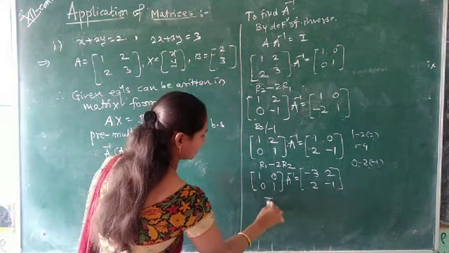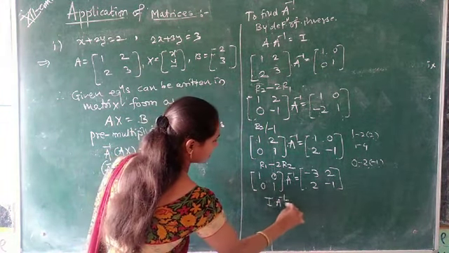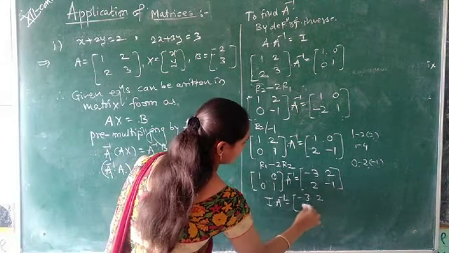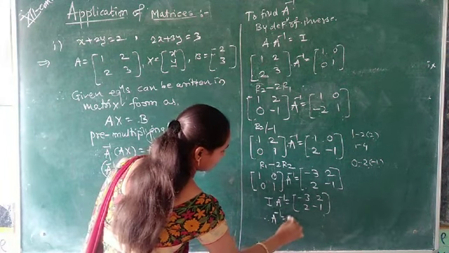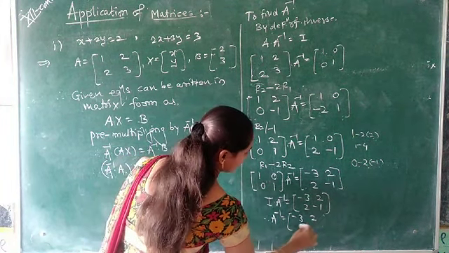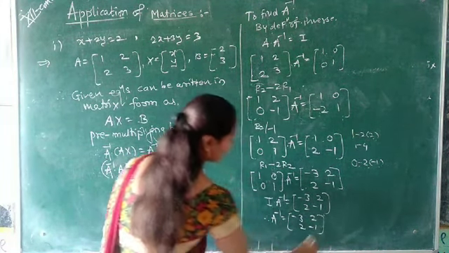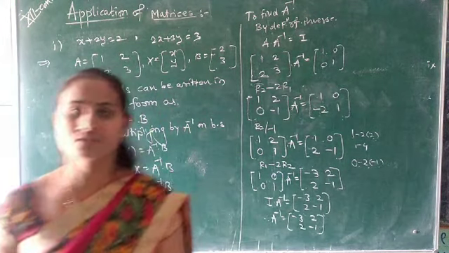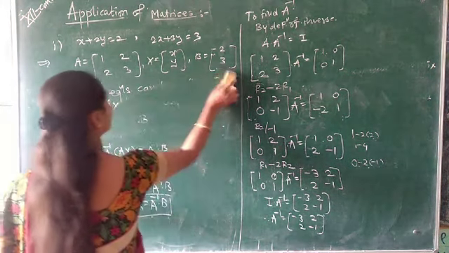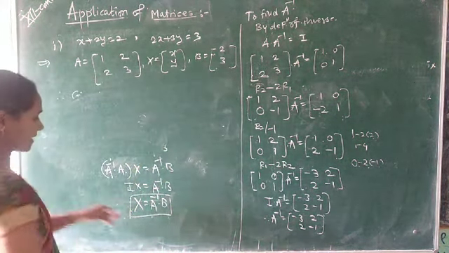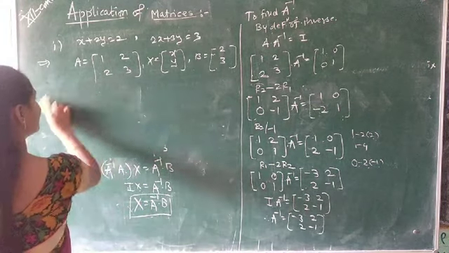This is identity, so I into A inverse is equal to minus 3, 2, 2, minus 1. Therefore A inverse is equal to minus 3, 2, 2, minus 1. We get the inverse of matrix A. So how to find X? X is equal to A inverse into B.